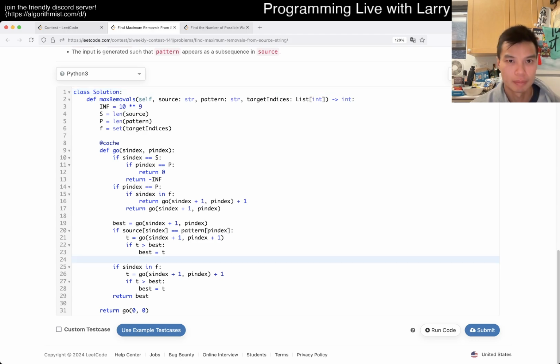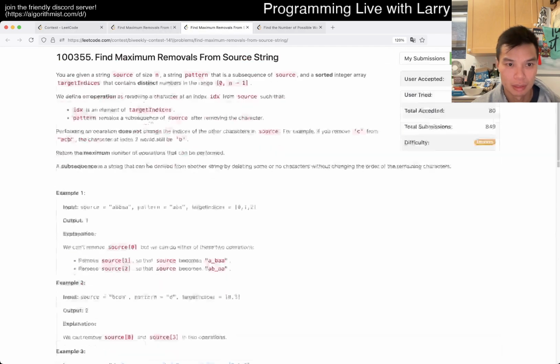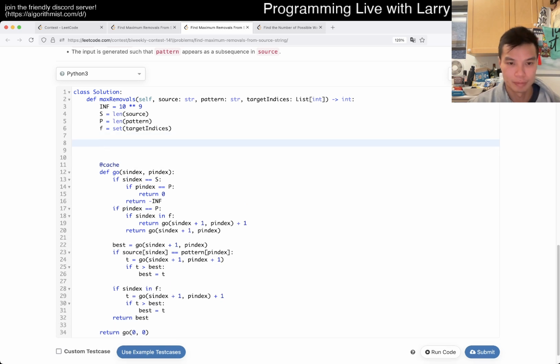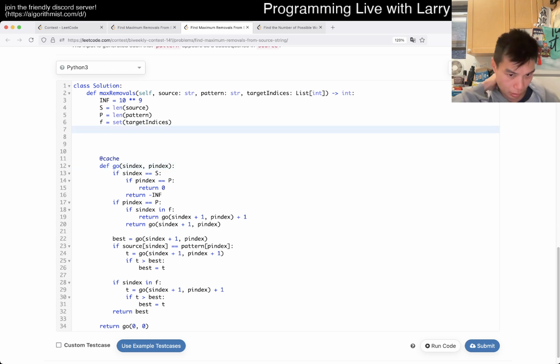Let me open a new window just in case I lose it. Okay. So then, okay, fine. DP S index is always dependent on P index. Okay.